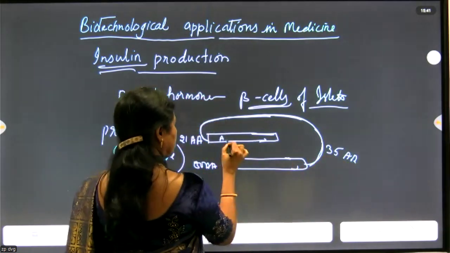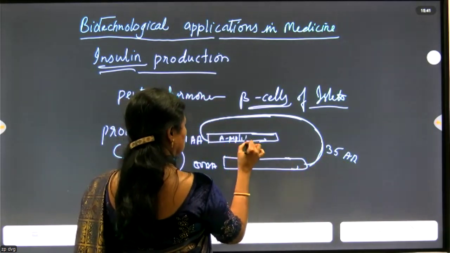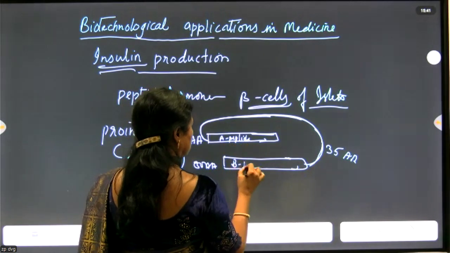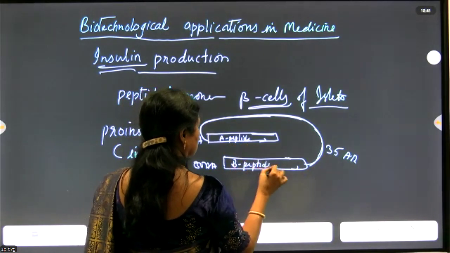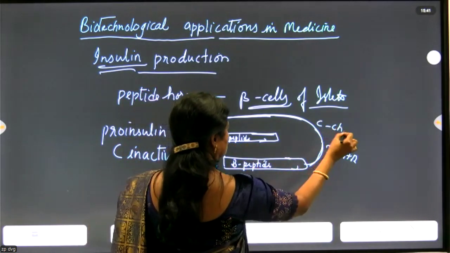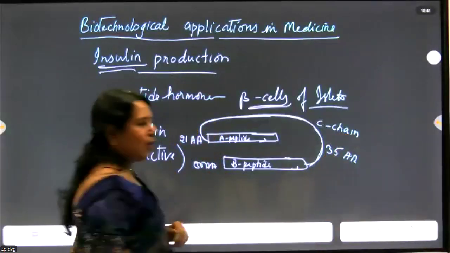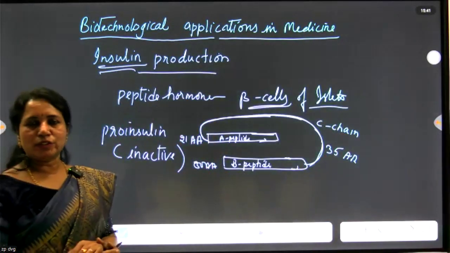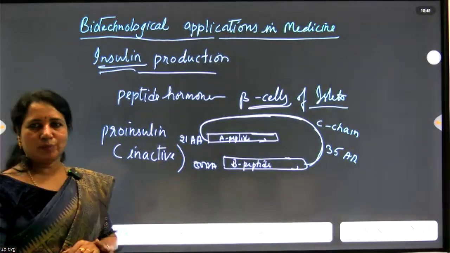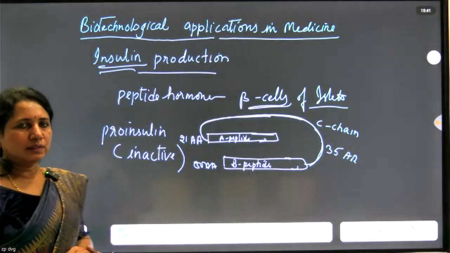So this is the A peptide chain, B peptide chain, and C chain or C peptide chain. So non-functional or precursor insulin has three peptide chains.